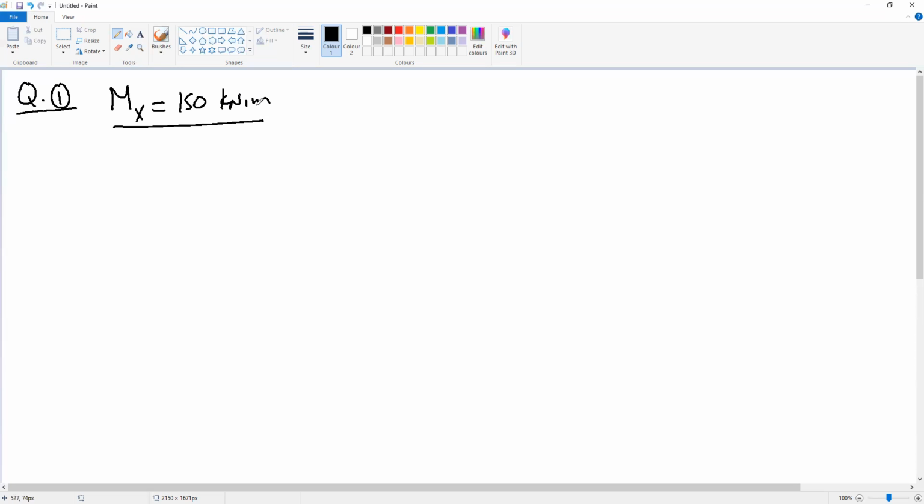So the first information is that Mx equals 150. The requirement is to find sigma x max, the maximum stress for the two sections, and choose which one is more effective.